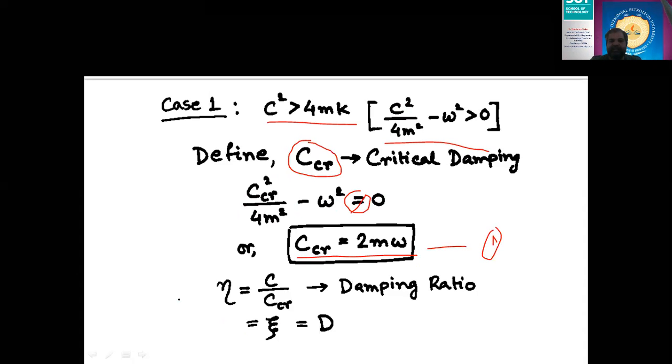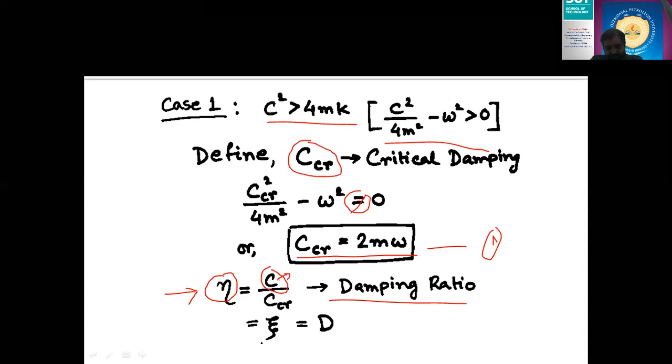Now the second definition: any damping value, whether overdamped, underdamped or critical, divided by the critical damping value. This ratio of the given damping coefficient to the critical damping coefficient I call eta, which is called the damping ratio.